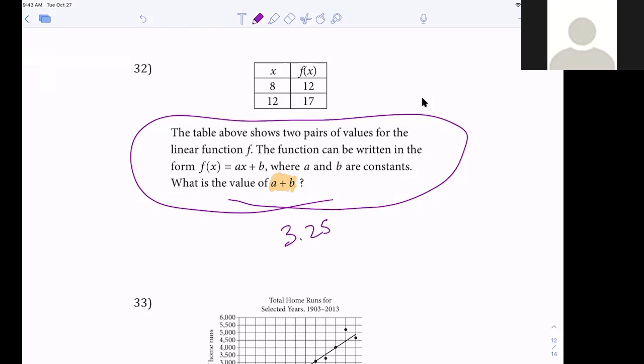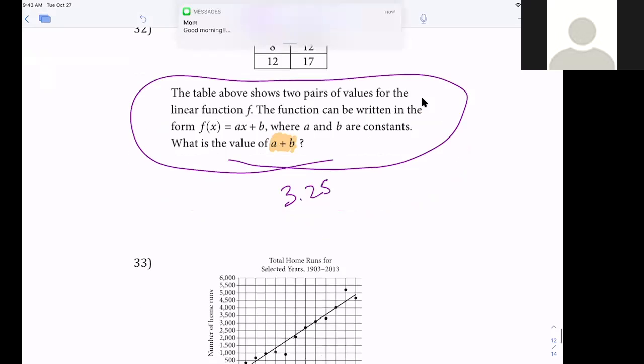Put in L1 and L2, then stat, calc, go to line, hit enter all the way through, and it tells you what A and B are. But then you're supposed to do what? Add them together. Right? Is everybody else coming up with 3.25? I'm not doing the problem. I'm saying, is everybody okay with 3.25? Yeah. Right? Okay, I'm happy with that.